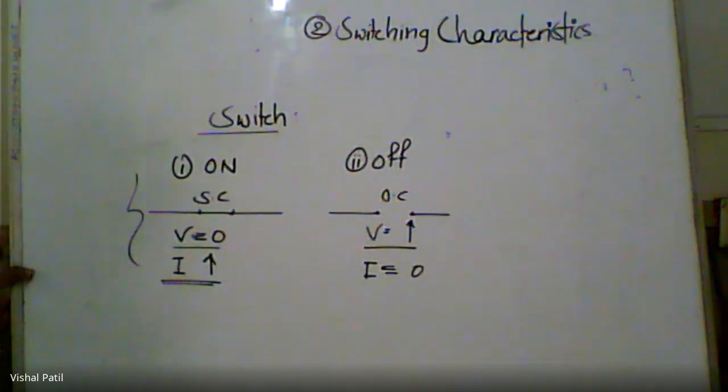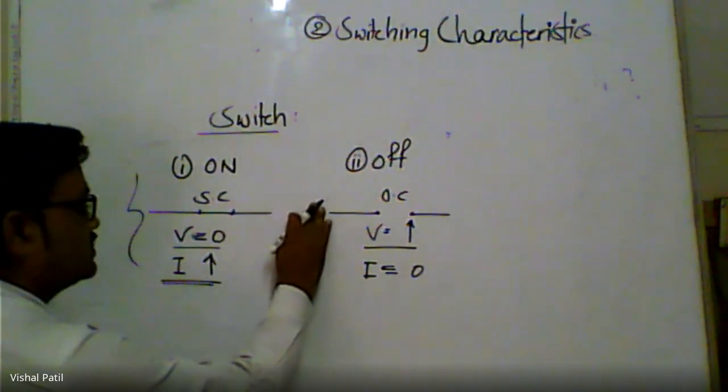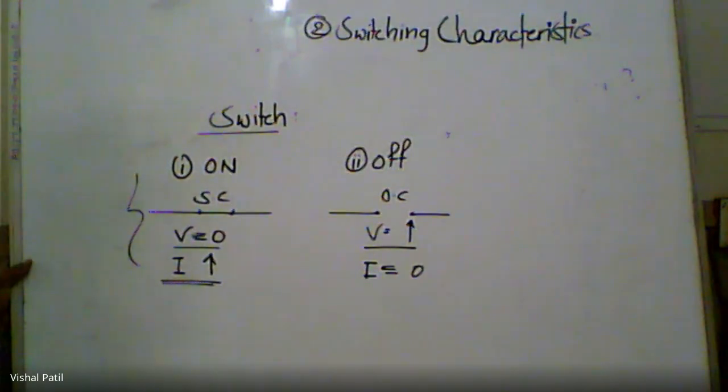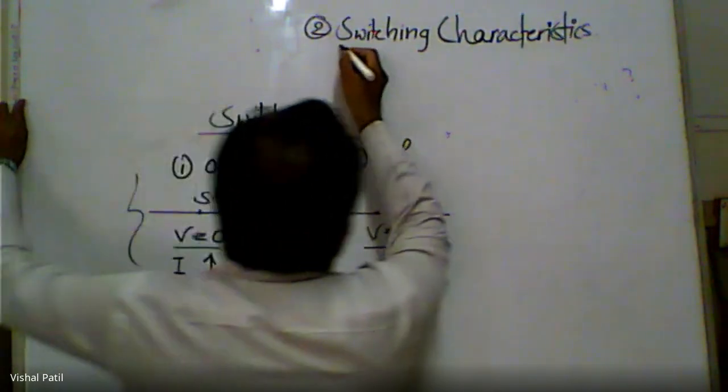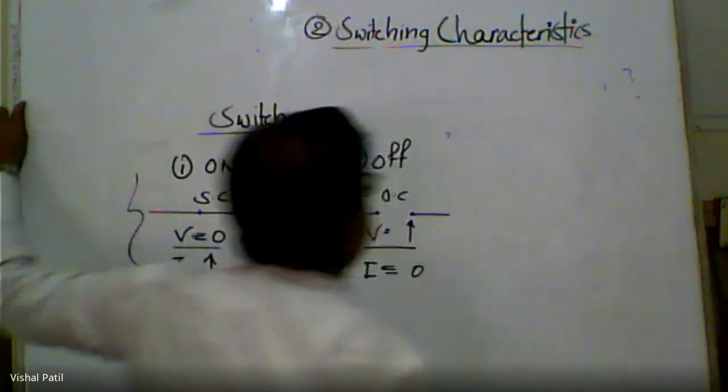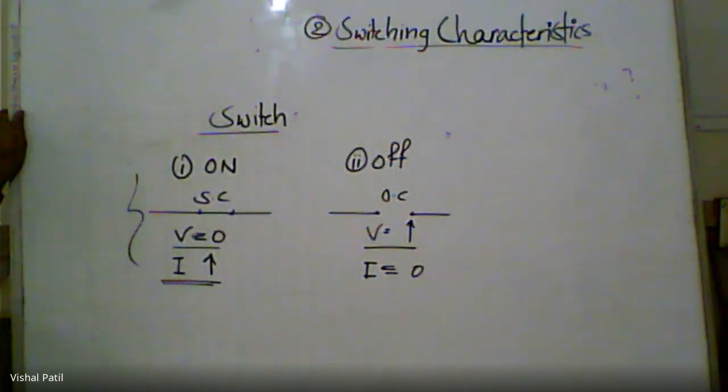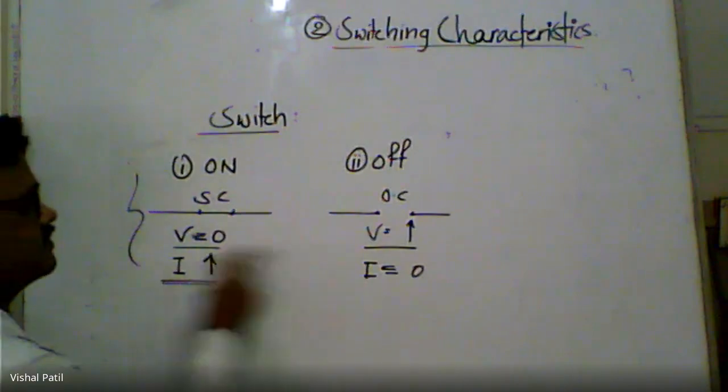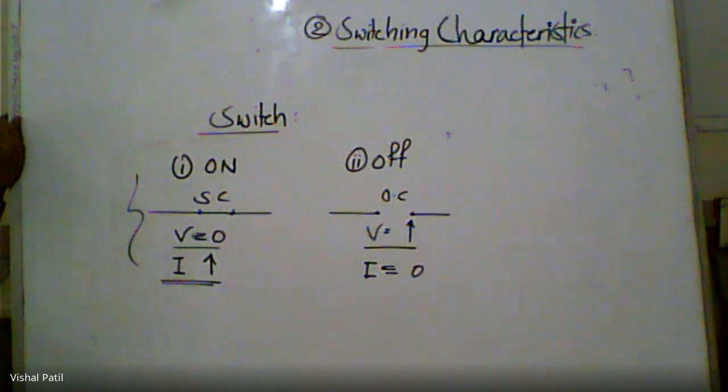Now, this is required because we need to study the switching characteristics of a thyristor or SCR or any device. Whenever we are using it as a switch, it will represent these two states.